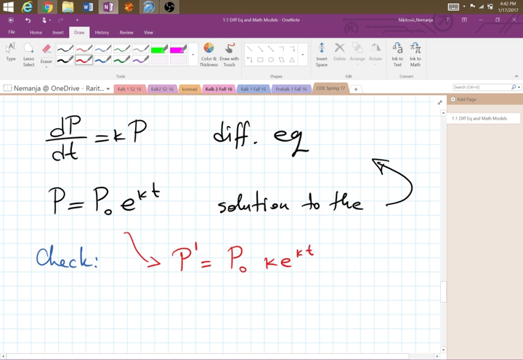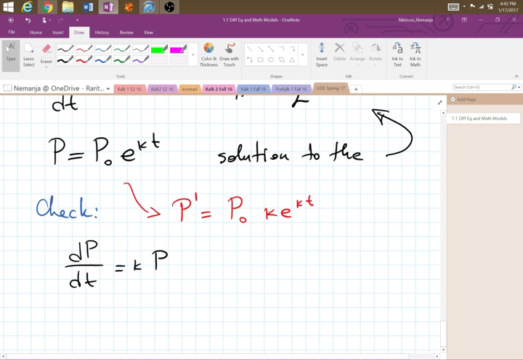So now, plug in everything. dP/dt = kP. Instead of dP/dt, I have P0 k e^(kt), and on the other side I have k, and instead of P, I have P0 e^(kt). You see how they're the same? We know that a times b is the same as b times a, right? Commutative rule. They're the same.